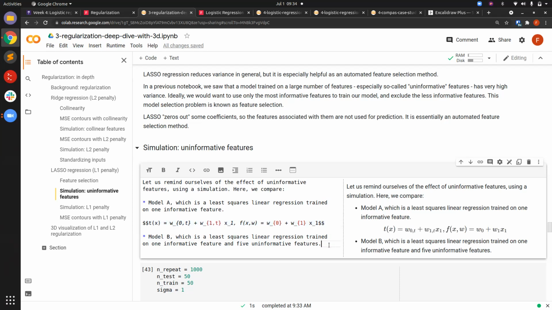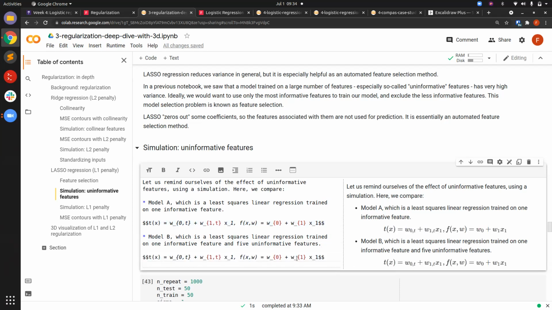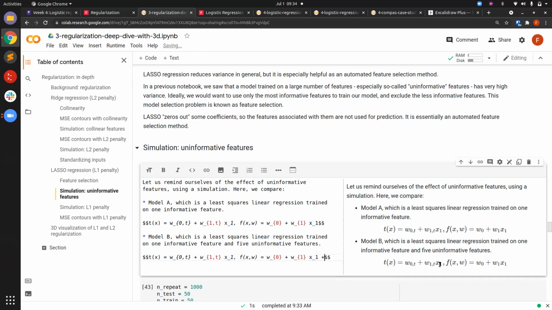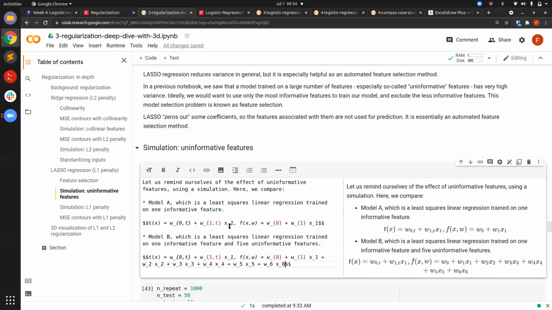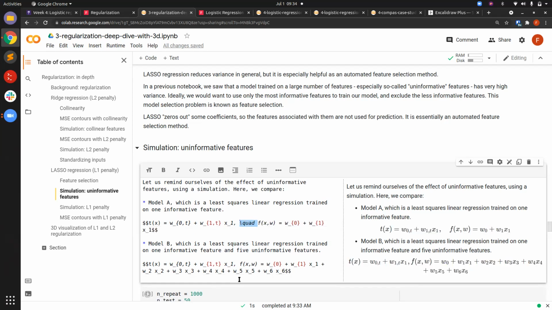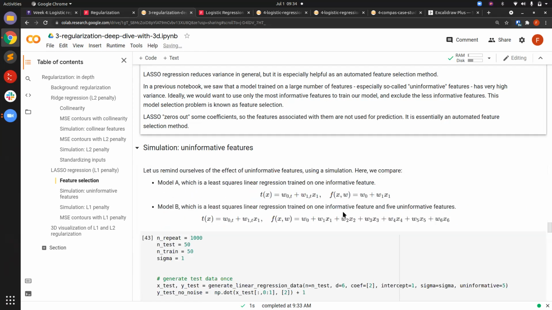In the second case, we have a least squares linear regression trained on one informative feature and 5 uninformative features. What does that mean? It means we're going to have a W2 x2 plus W3 x3 plus W4 x4 plus W5 x5 plus W6 x6. So in both cases, the true function has one informative feature. But in the second case, we're training our model with the addition of some uninformative features.